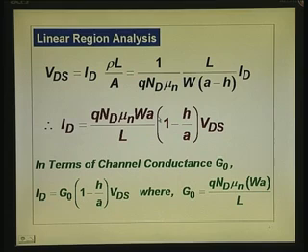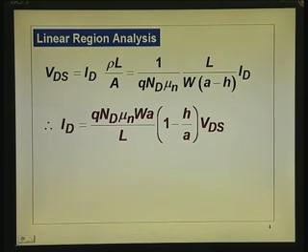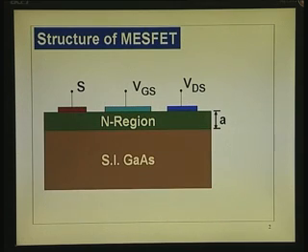If there is no depletion layer, the channel thickness is A and depth is W. W into A is the cross section of that entire resistor. Let me go back and show you. If there is no depletion layer, that is A and that is L, depth is W. So rho into L divided by W into A.